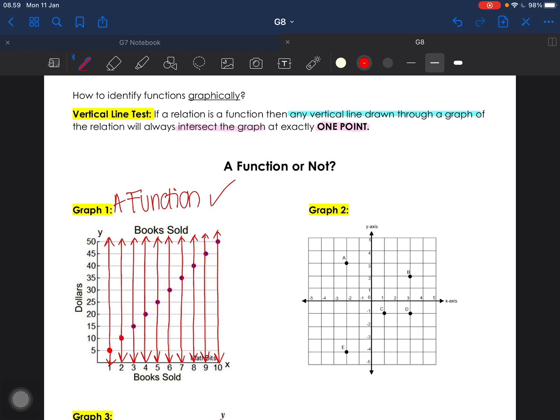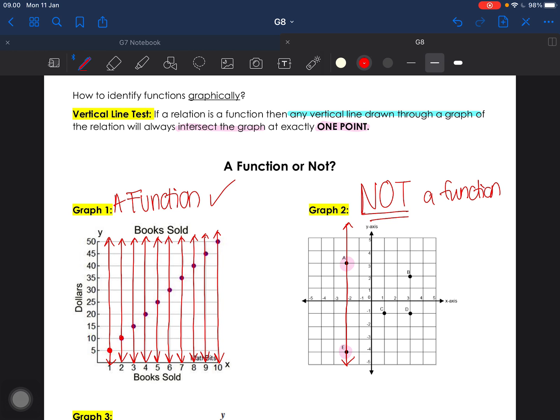Okay, let's check graph 2 here. Again, you're going to start from left to right. We don't have anything here, right? So nothing too significant. We're going to start where the graph starts, so here. Okay, immediately you see that the graph intersects at 2 points. So we already know this is not a function.